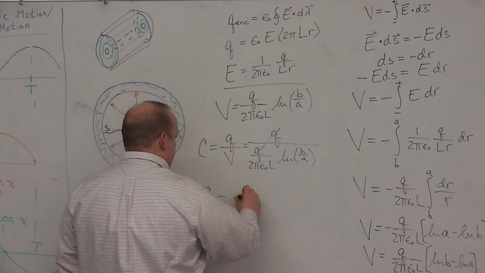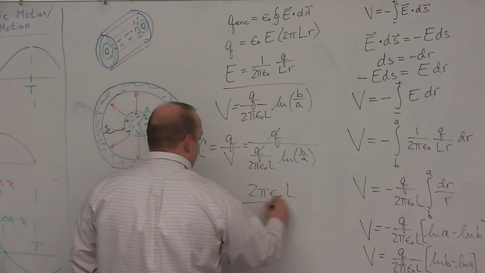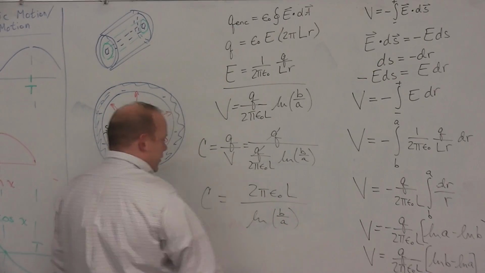Capacitance is equal to 2 pi epsilon naught L over natural log of B over A.